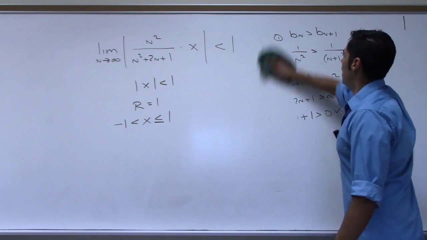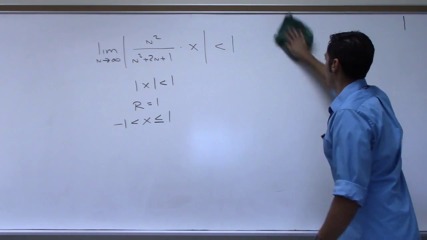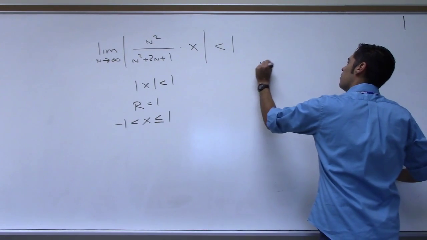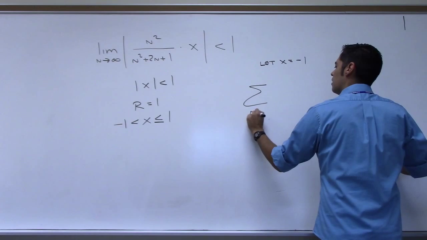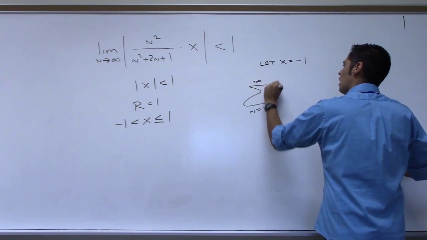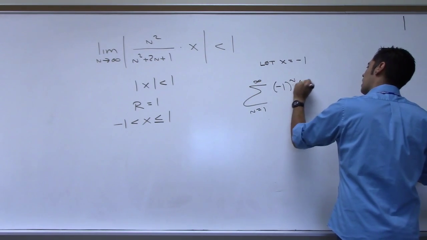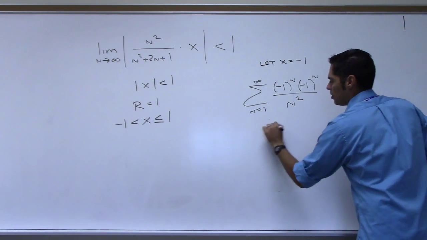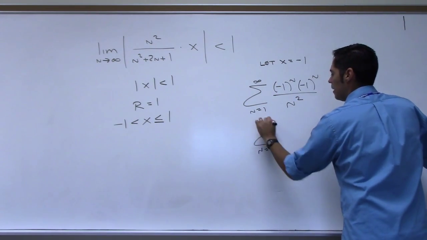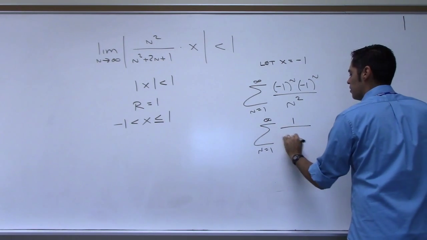And then now I'm going to let x be negative 1. Let x be negative 1. The series becomes the sum n equals 1 to infinity, negative 1 to the n, again negative 1 to the n over n squared. And that's just the sum n equals 1 to infinity, 1 over n squared.